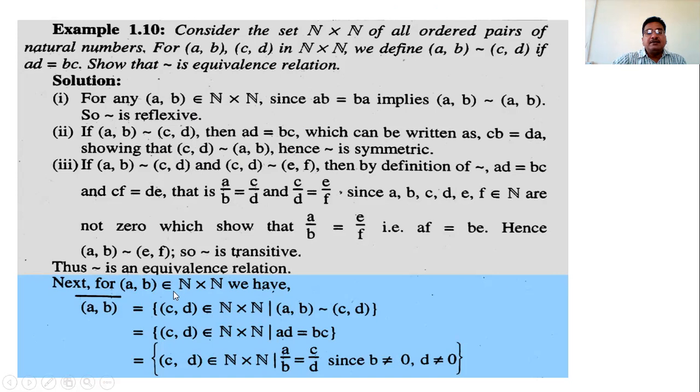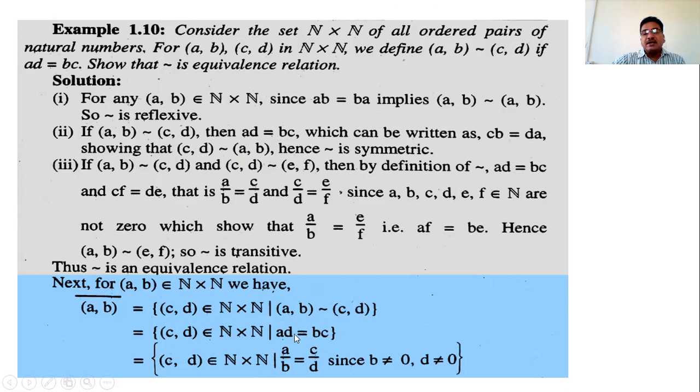And now we have to find the equivalence classes. Suppose there is no question to find equivalence classes, but for interest we are going to find them. So take any element from N cross N, suppose AB, and the equivalence class of this element AB is written as AB bar, which is equal to the set of elements CD from N cross N such that CD is related to AB.